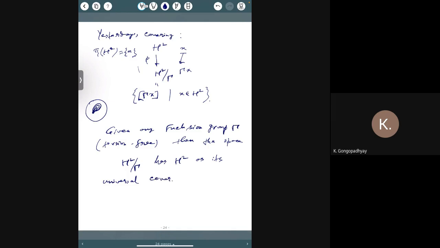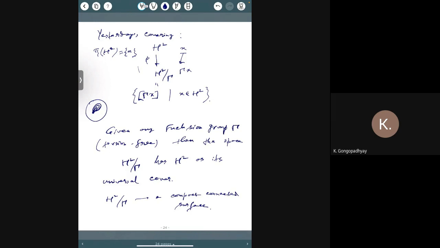And H2 mod gamma is a compact connected surface, so it is homeomorphic to one of the types that I have already mentioned.